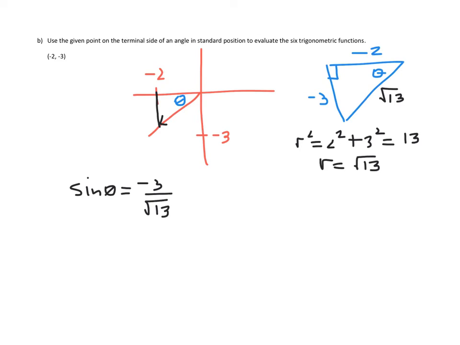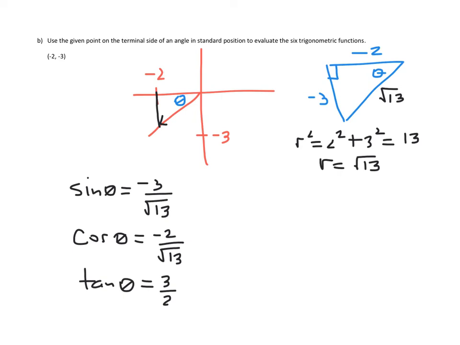And then we go to cosine of theta, which is going to be adjacent, so -2 over square root of 13. Then we go to tan theta, which is going to be -3 over -2, which is 3/2.